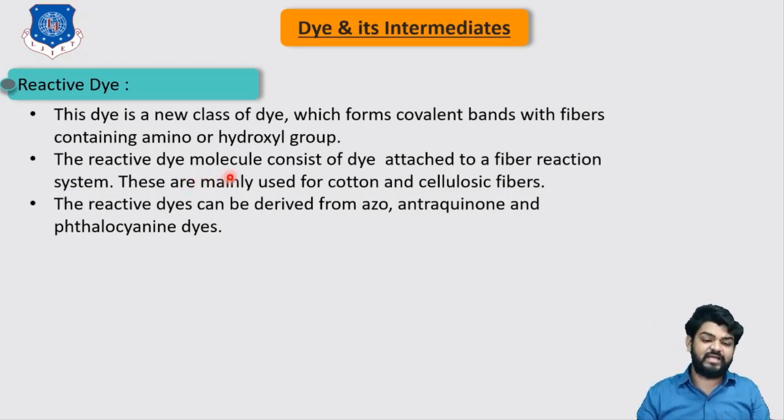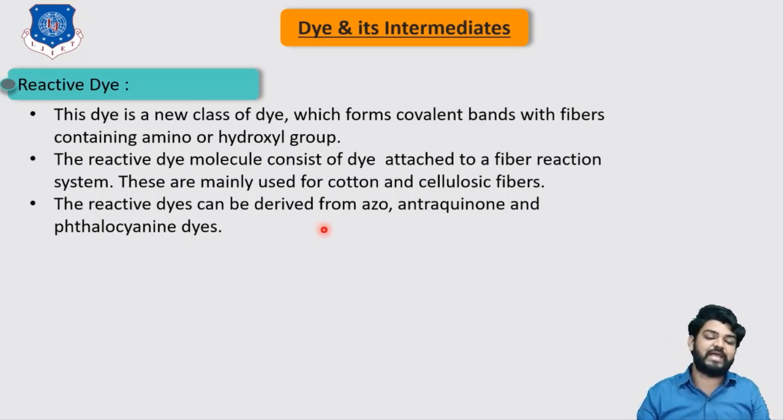The reactive dyes are molecules consisting of a dye attached to a fiber which are reacting systems. These are mainly used for cotton and cellulose fibers. So these dyes find their application for cotton and cellulose type fiber materials.